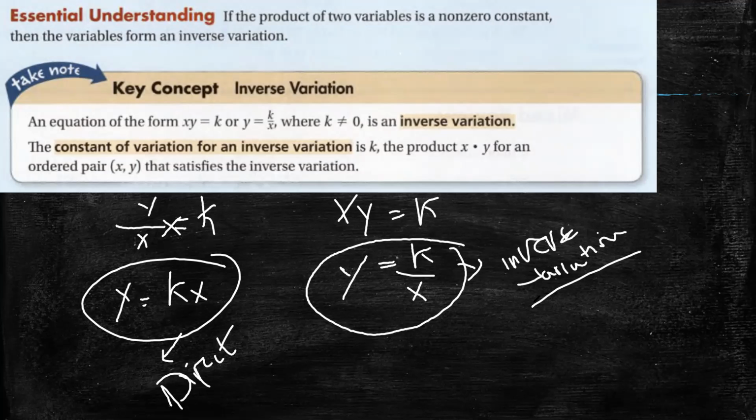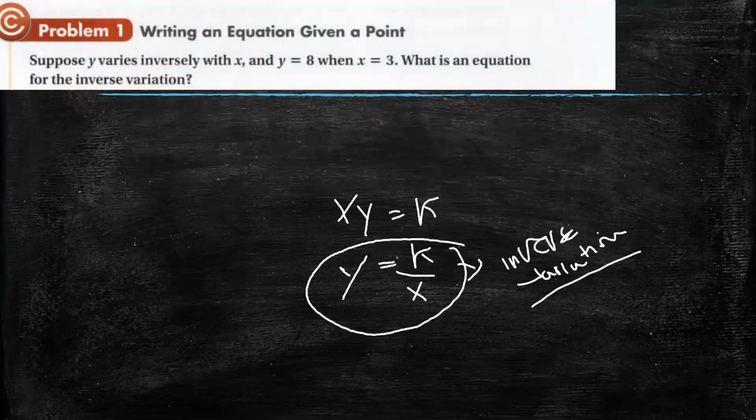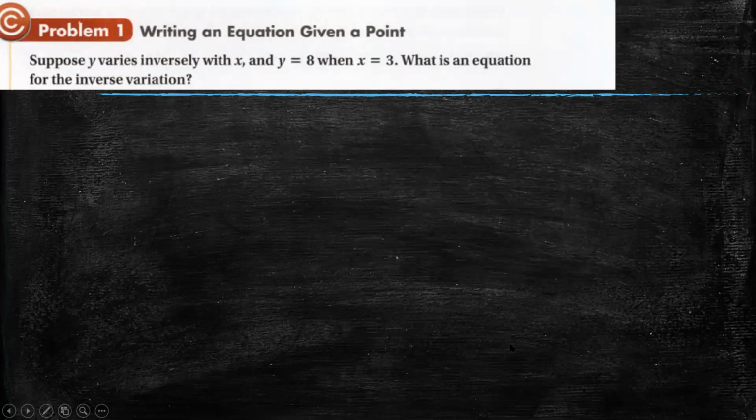So what's the equation of the inverse variation? The equation of the inverse variation is y equals k over x. This is the inverse variation equation. Let's see here how we will write the equation of the inverse.